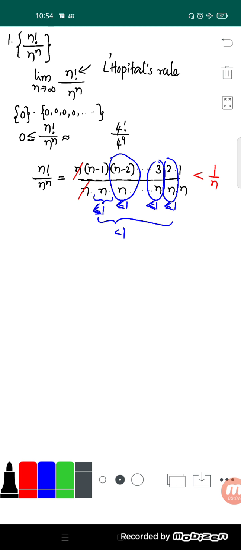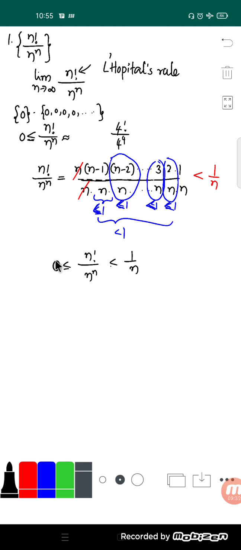So our upper limit is also found here. So n factorial by n to the power of n is less than 1 by n, which is greater than or equal to 0.